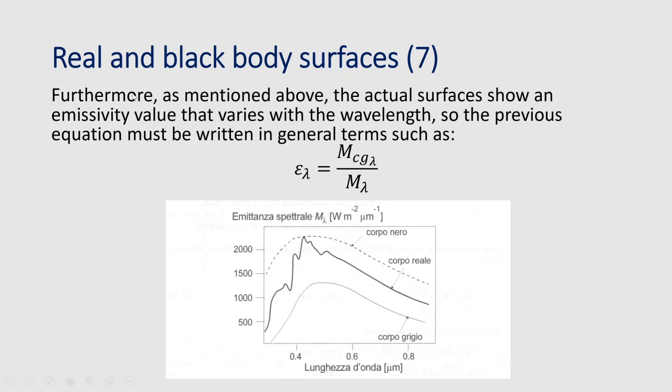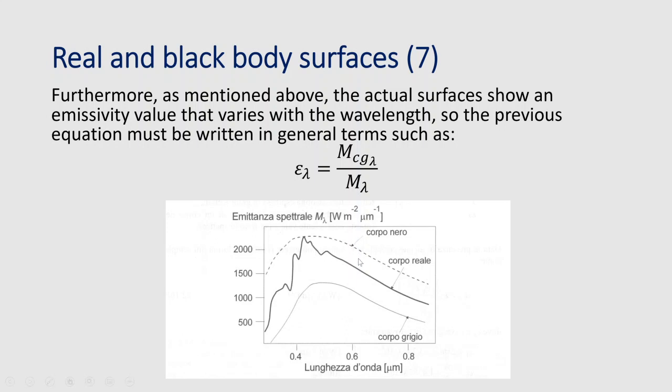That means that the energy that is emitted from a real body or from a black body depends on the wavelength, and is not constant with the wavelength. That means that it's not a line that is parallel to the x-axis, of course. And you see that all these three different bodies are at the same temperature, of course, in order to be compared with each other.